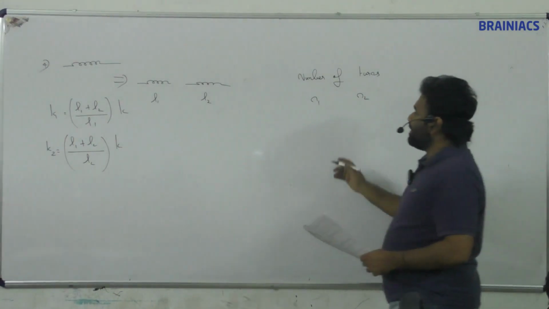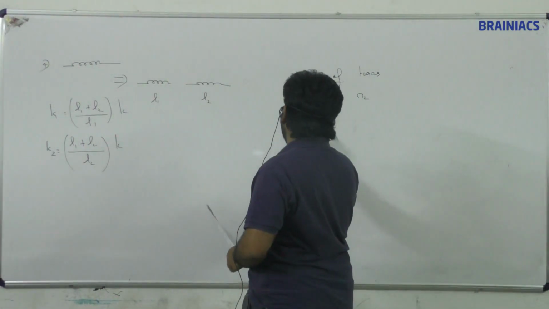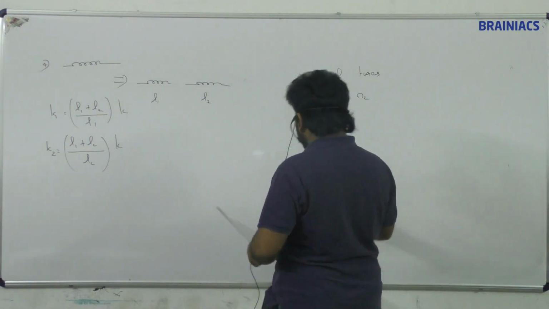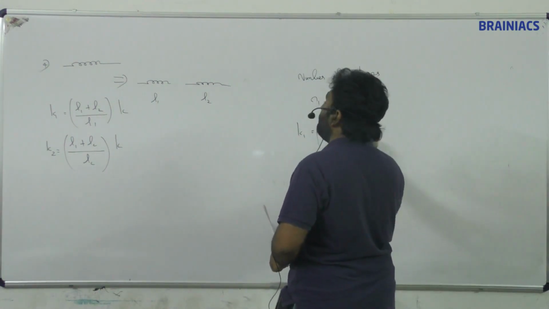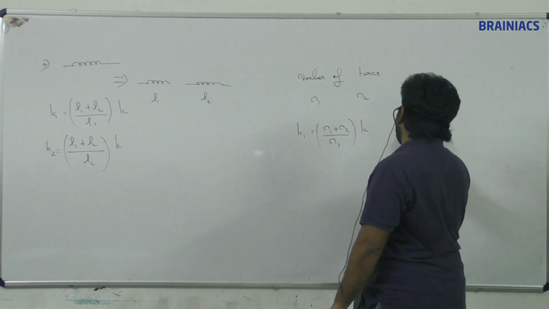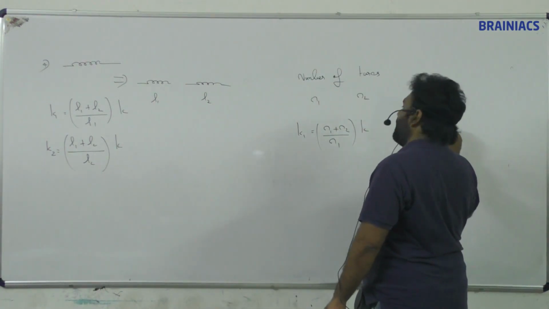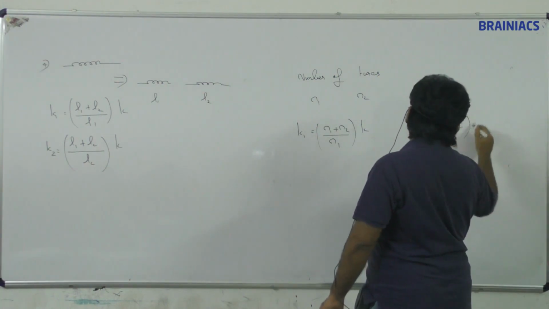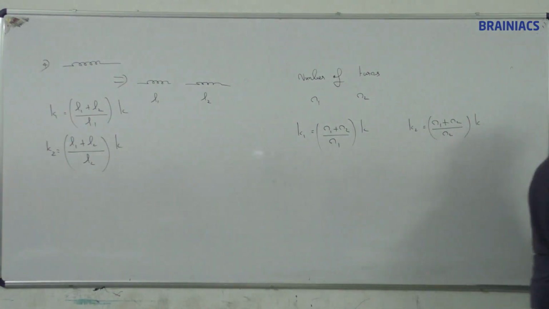So in this case, K1 is equal to (N1 plus N2) divided by N1 into K. Just the same formula, but the only change is that here it is the number of turns, and K2 is going to be (N1 plus N2) divided by N2 into K.